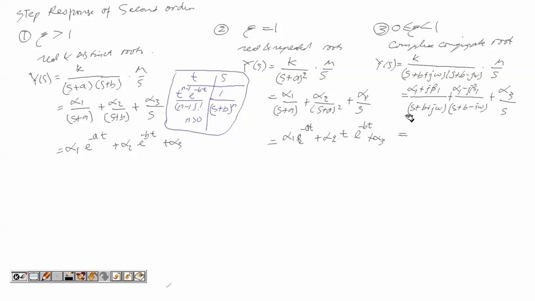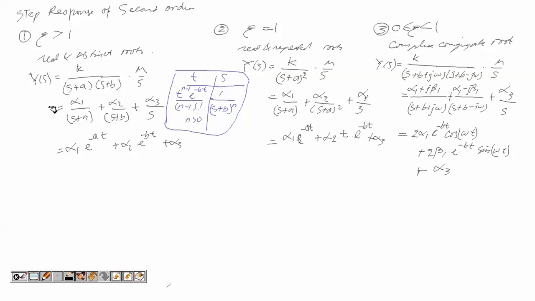In the third case, you will get 2 alpha 1 e to the minus pt cos omega t plus 2 beta 1 e to the minus pt sin omega t plus alpha 3.